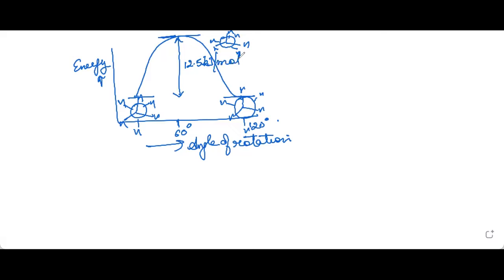Now, this energy is very easily available even at ordinary temperatures. So even at ordinary temperatures, the two forms of ethane will keep on interconverting. That is, eclipsed form will get converted into staggered and staggered will get converted into eclipsed conformation. I hope this is clear to you.